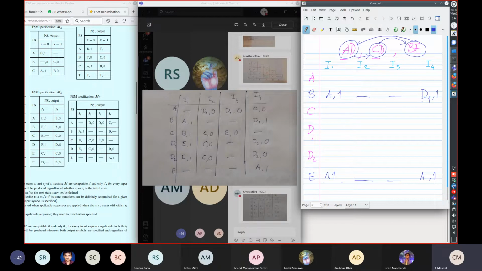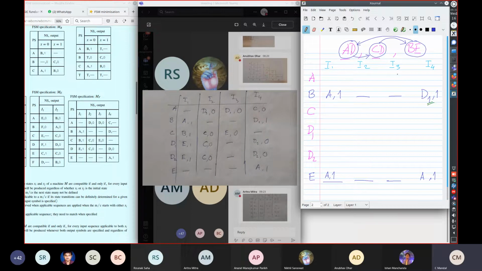Now next, A and D1 he wants to merge. So let us just put, it is important to note that this is D1. We are putting it as D1. Okay. Maybe you can put it in.